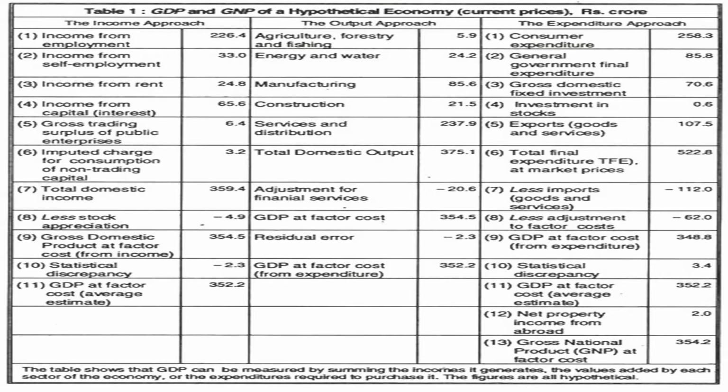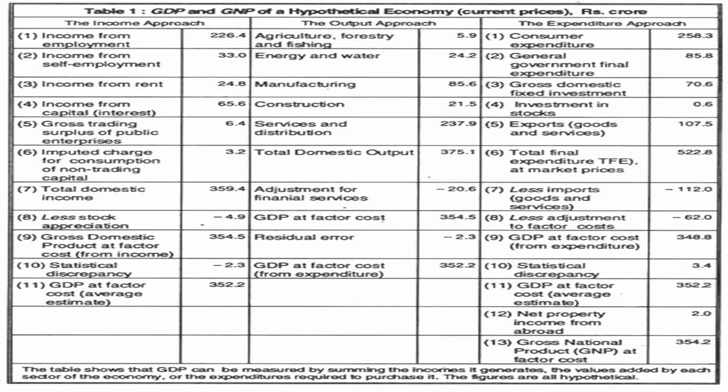In this table, if you look into the third column, you can see the aspects which are taken for measuring the output of the product method.